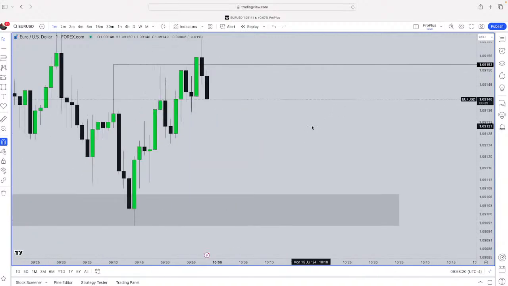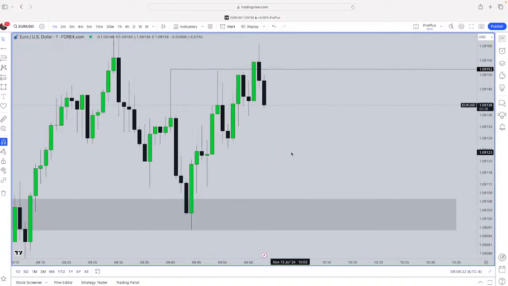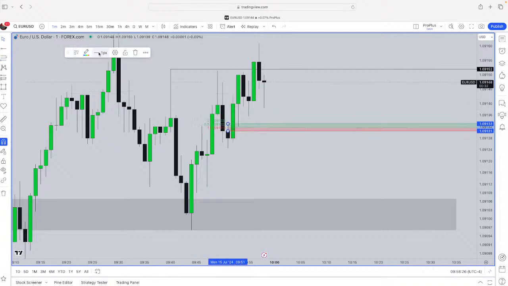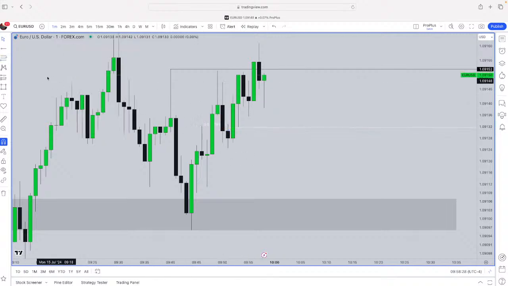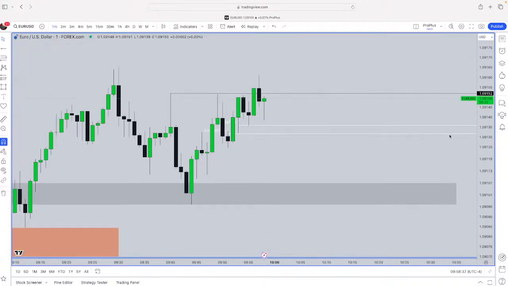On the other stream, I was just looking at this. Get the midpoint of this, and get the midpoint of this. So this could potentially be a fair value gap, right? An implied fair value gap. From there to there, there's an implied fair value gap.